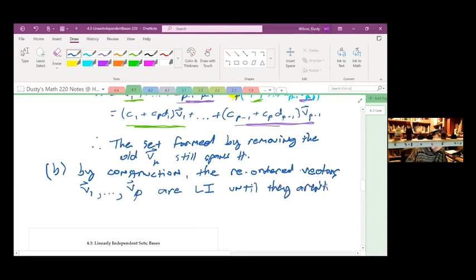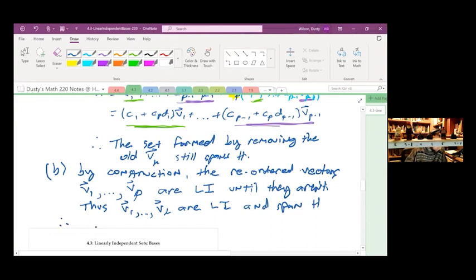So that tells us that V1 to VL are linearly independent and span H, thus they are a basis.